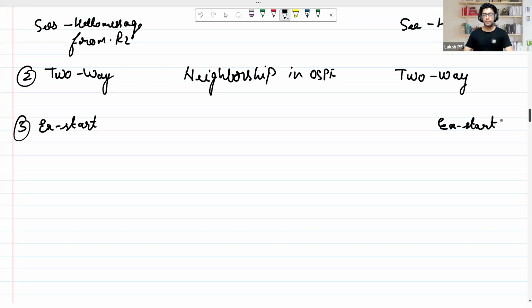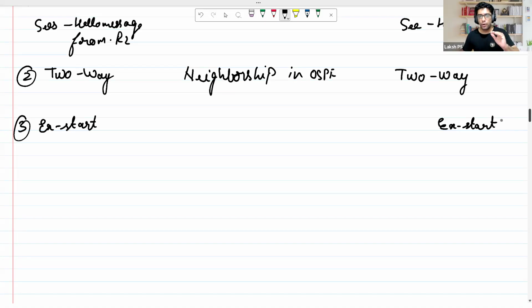ExStart state. All right. Now, in this ExStart state, there are few things that are negotiated. Okay. Now, till two-way, it was the neighborship that was formed between the two routers. Now, with the ExStart state, the adjacency will be slowly formed between the two routers.